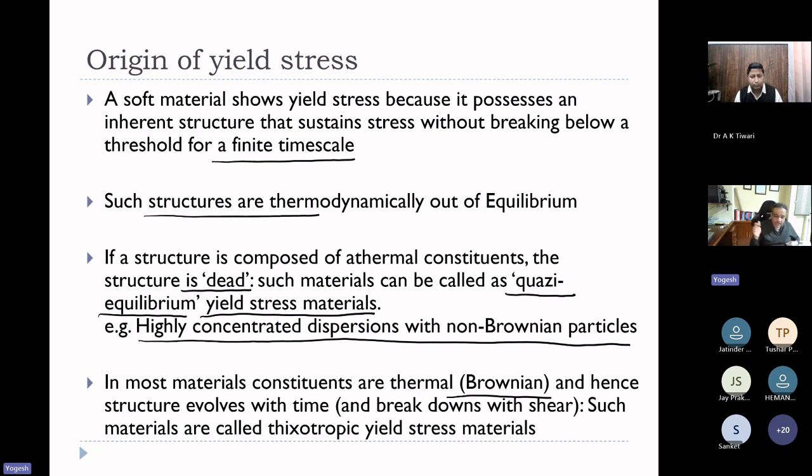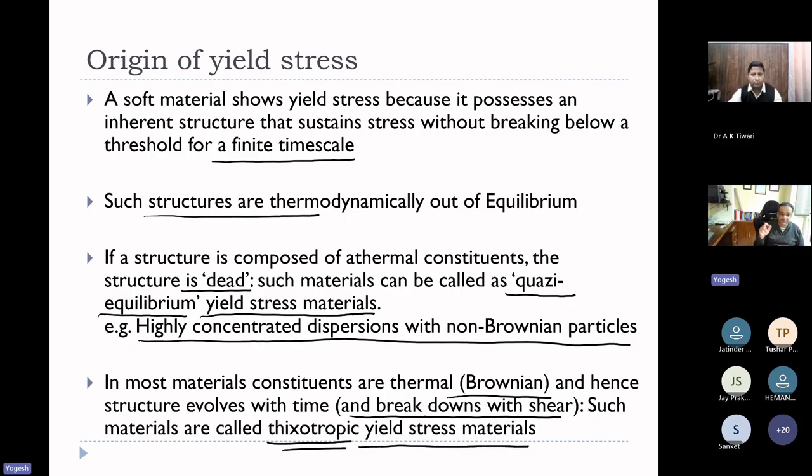All right. And in such a material, the structure that gets built up as a function of time also breaks down with shear. This phenomenon is known as the thixotropic phenomenon, and those fluids are called thixotropic yield stress fluids.